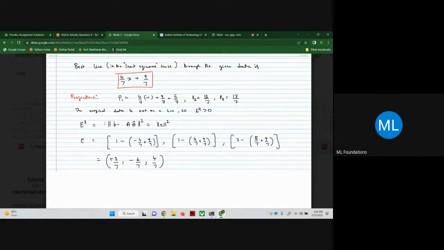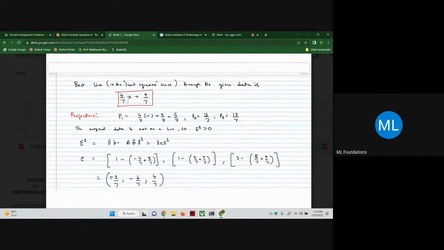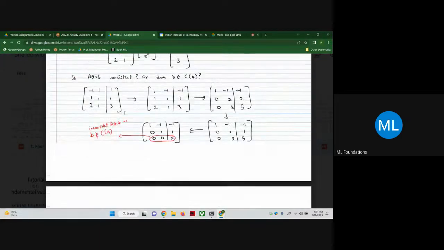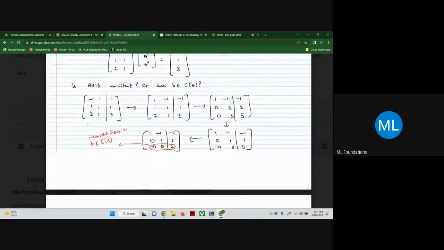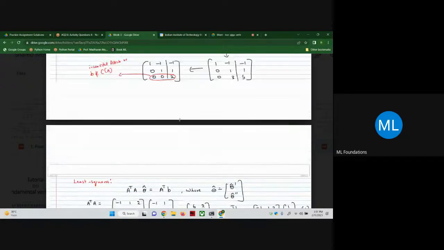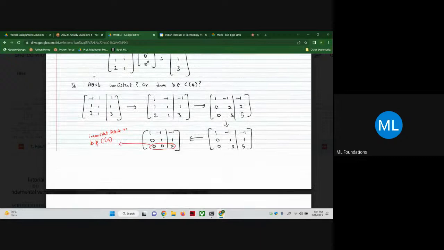So in this particular case, the projection for the first point, for the minus 1 case, is minus 1 times 4/7 plus 9/7, which is 5/7. But the actual value is 1.